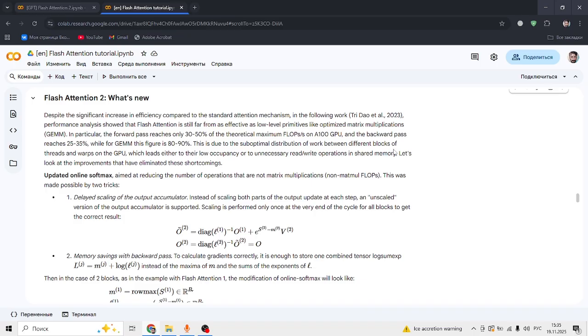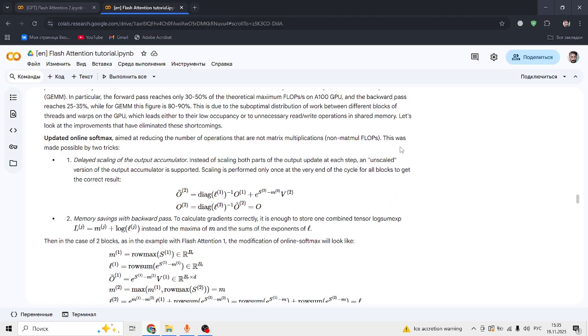The first one is updated online softmax. This is aimed to reduce the number of non-matrix multiplication operations, or non-matmul FLOPs. And it has become possible with 2 tricks. The first one is that we use delayed scaling of the output accumulator, and it looks like this.